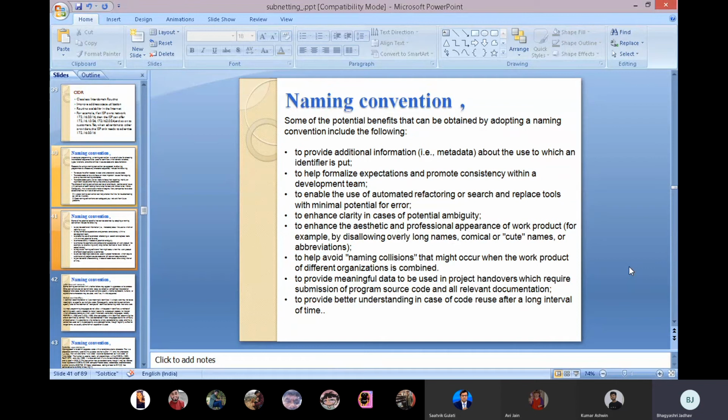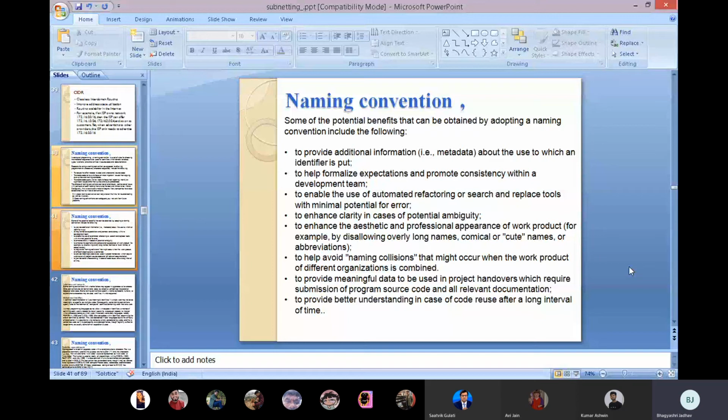The first is additional information, that is metadata. Second is formalizing expectations and promoting consistency within a development team. Third is the use of automated refactoring or search and replace tools. These are the benefits. Then clarity in case of potential ambiguity, and the aesthetic and professional appearance of the work product.